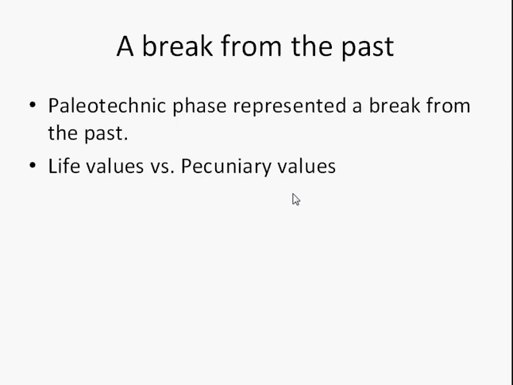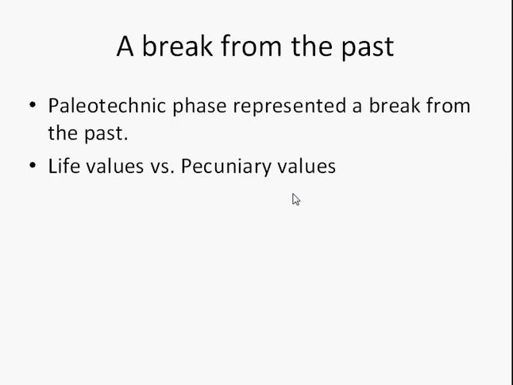I make this point only because I think it is important to understand the break from the past that accompanied this Paleotechnic phase. And one of the main facets of that break was the conversion from life values to pecuniary values. What I mean by that is the increasing quantification of techniques, this need to count, to quantify, to measure.